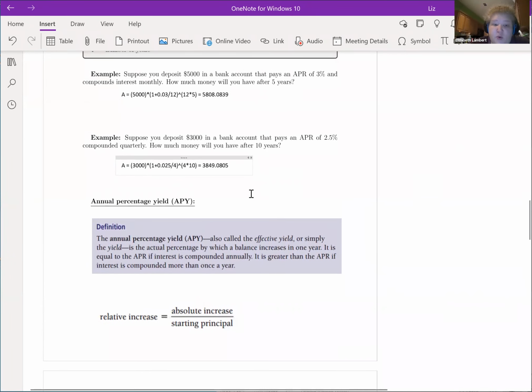So if I wanted to know what is the yield on each of these accounts up here, I'm going to take what I had, the 5808.0839, then I'm going to subtract off the 5,000. So that is how much we increased, which we know is going to be the 808 point whatever.